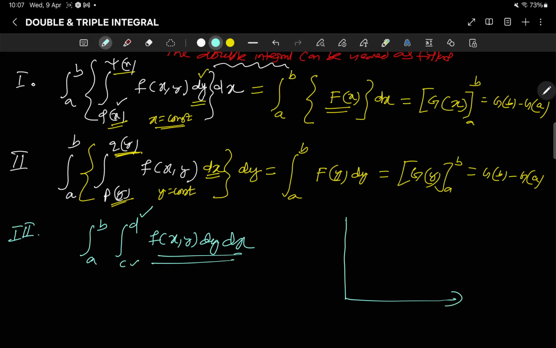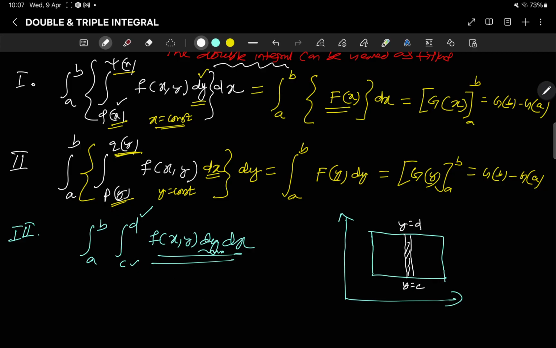In the xy plane we have a region like this. Here we have y first, so this is my vertical strip, this is my dy, and here y equals c, parallel to the x axis, to y equals d.